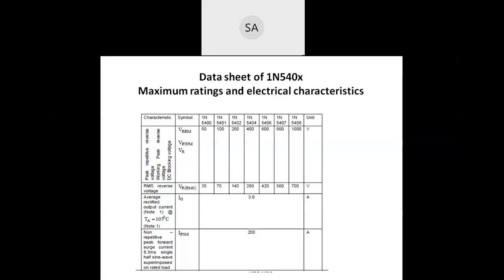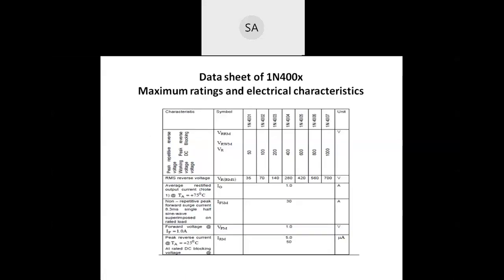Otherwise it is very similar; they have the same values: 50, 100, 200, 400, 600, 800, 1000.